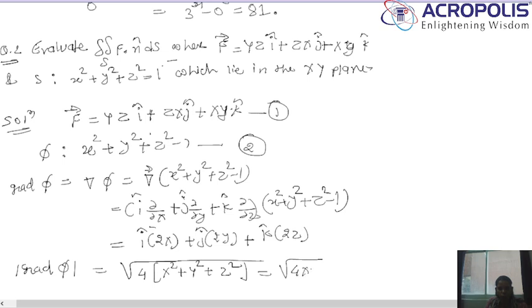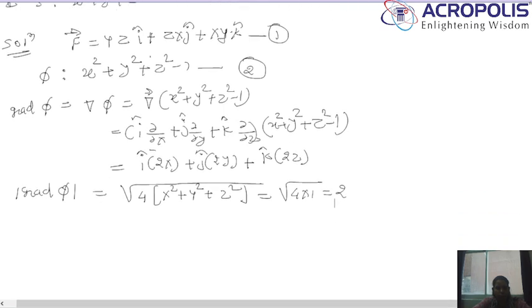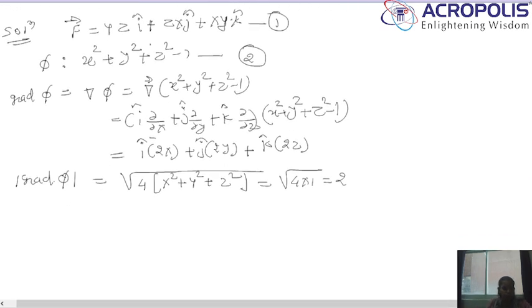So the square root of 4 into 1 gives me 2. Now the value of n cap will be grad phi upon mod of grad phi, that means xi plus yj plus zk divided by 2.